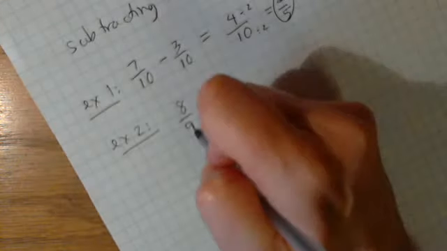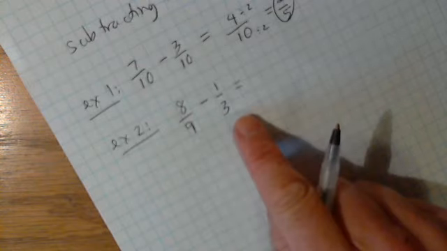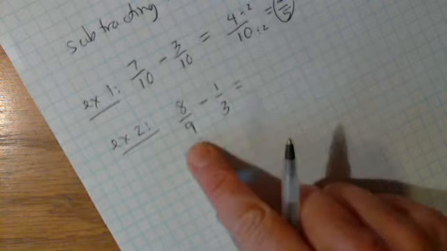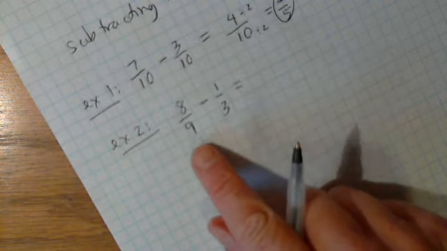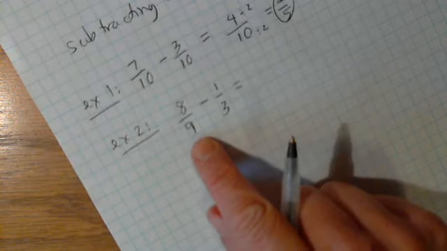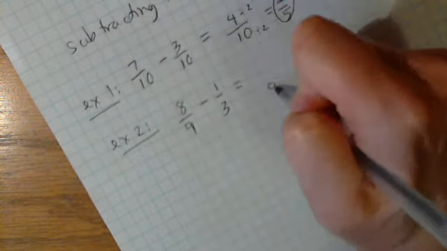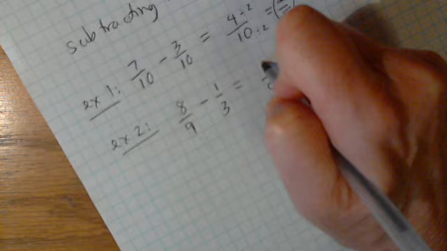So I'm looking for the least common multiple of 9 and 3. Now you might say it's 27, but actually we can go much smaller than that. 27 comes from multiplying 9 and 3. But think about it, 3 goes into 9. So the least common multiple, the smallest number both of these go into, is actually 9, because 9 goes into itself. So the first fraction I don't need to change.